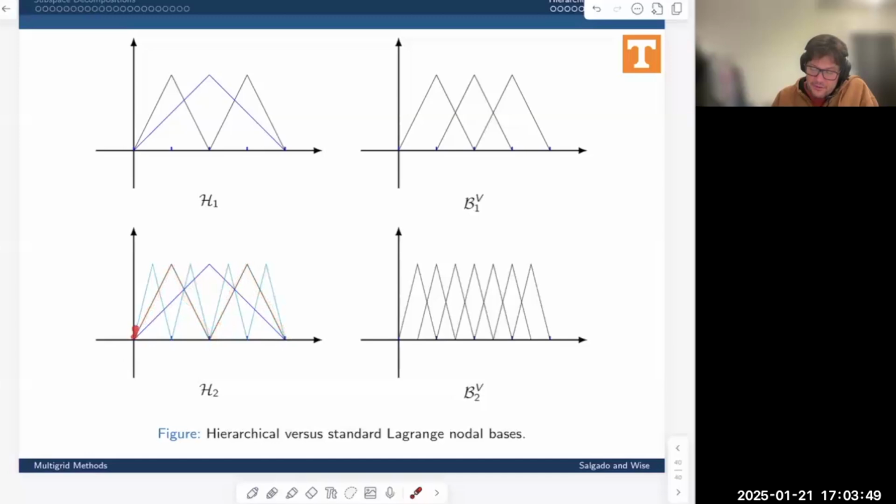Now we only have to introduce 4 new basis elements to get the W2 space. And now when we put all these guys together, this gives us 7 basis elements. And those 7 basis elements are just as good as these 7 basis elements. In some ways they're better. In some ways they're not quite as good.